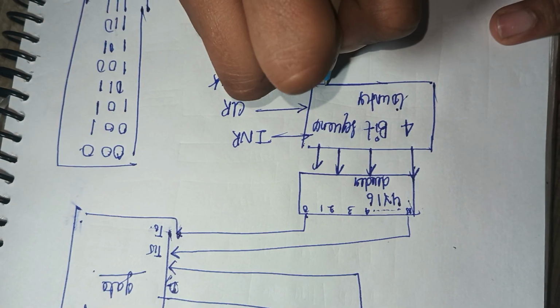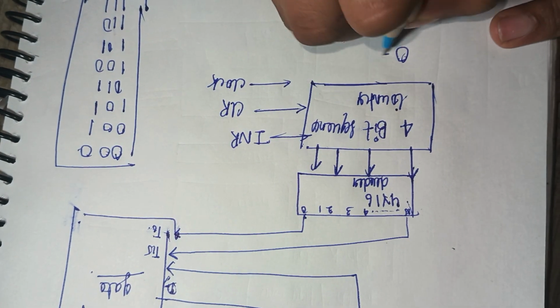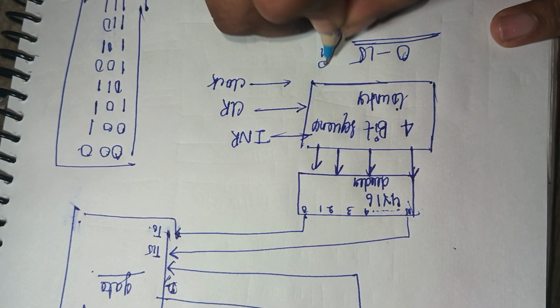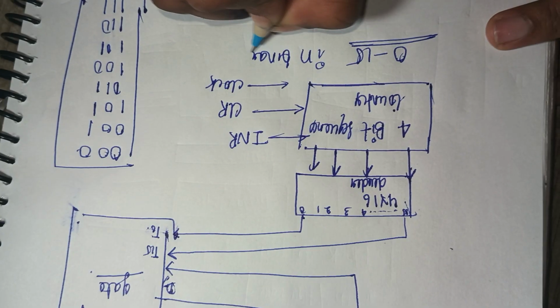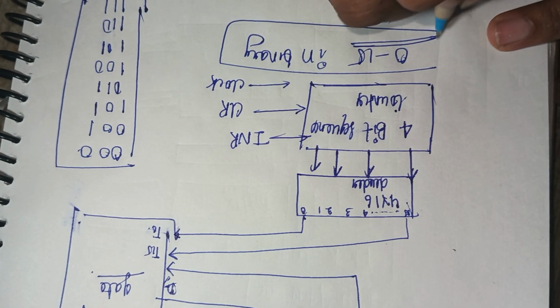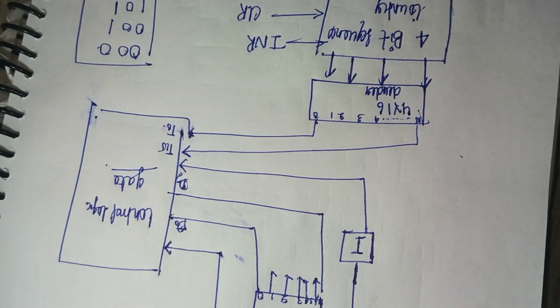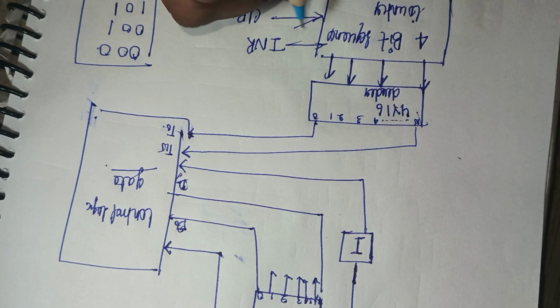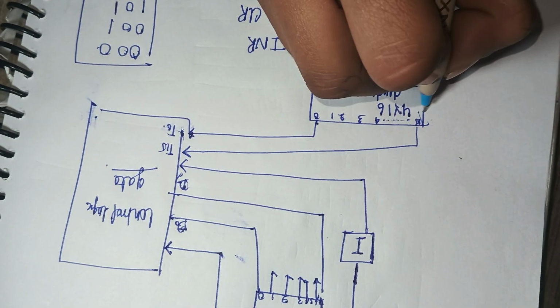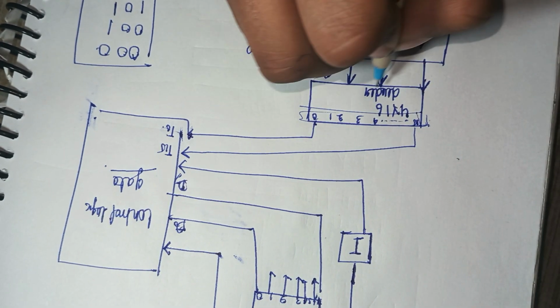The 4-bit sequence counter can count from 0 to 15 in binary. Its output is decoded into the 16 pulses, T0 to T15, using a 4 into 16 decoder.